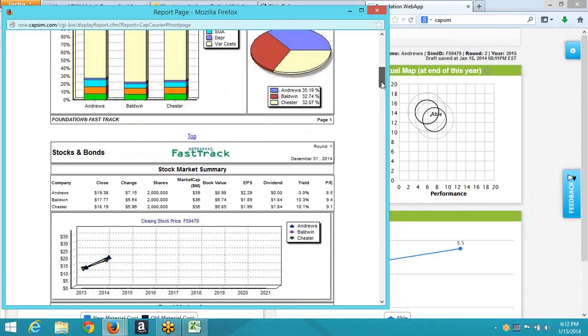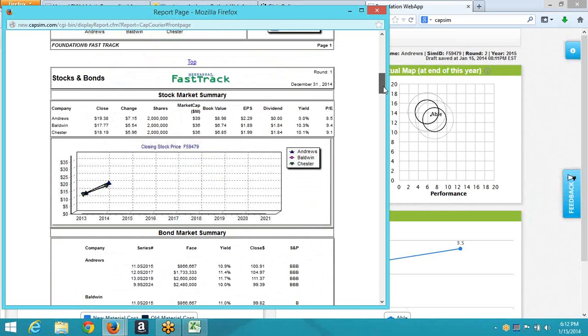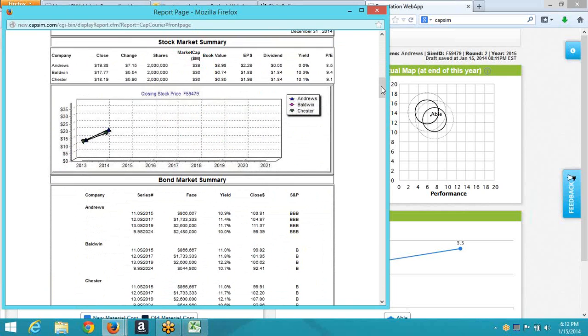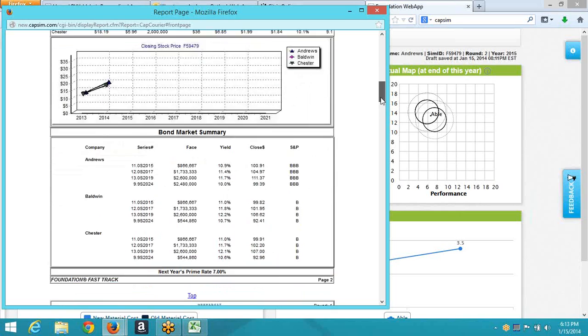You guys will be playing with 6 teams, and on mine it only shows 3, because that's just how I set it up. Then it goes to stocks and bonds. It will tell you your closing stock price, the book value, dividends, and yield.